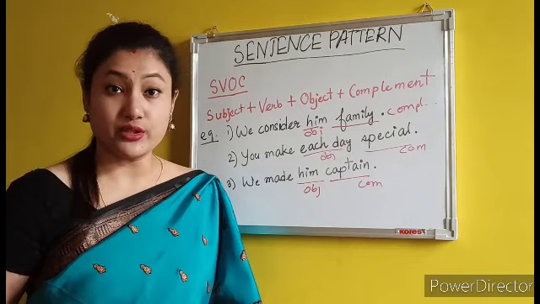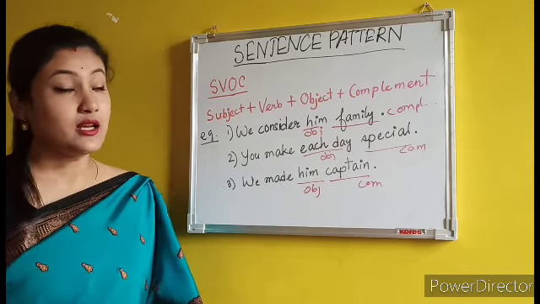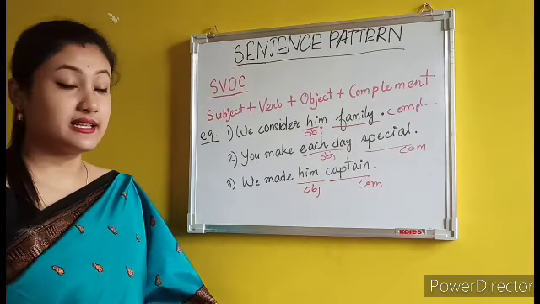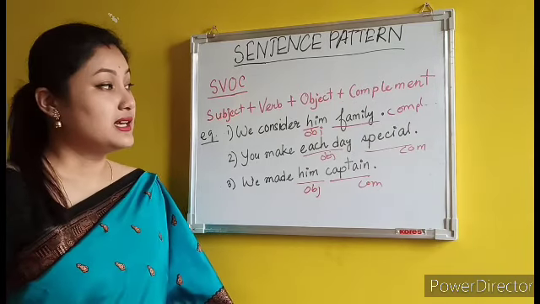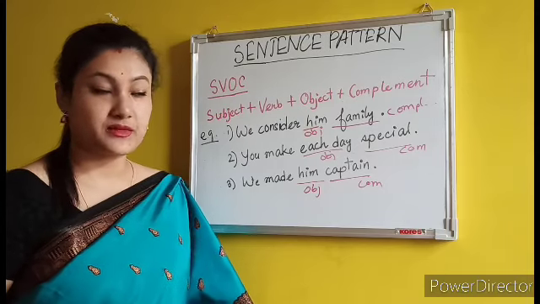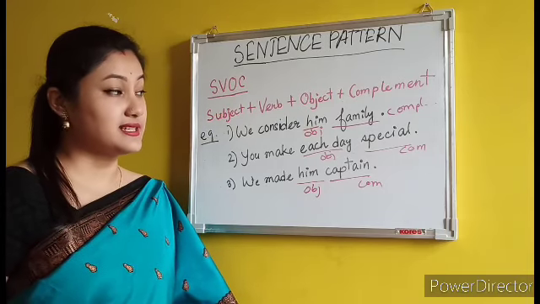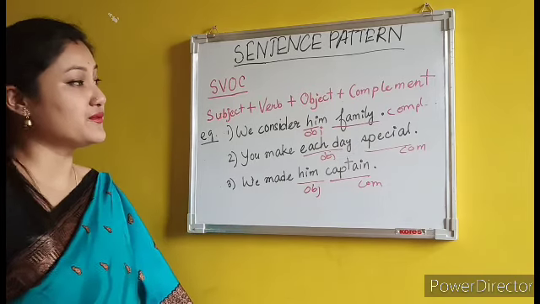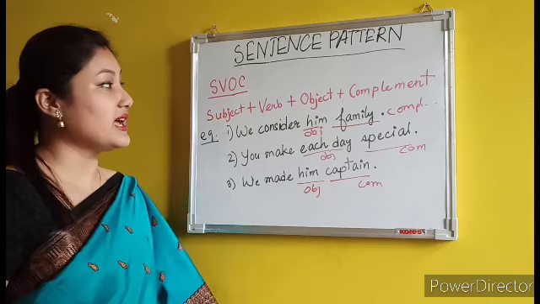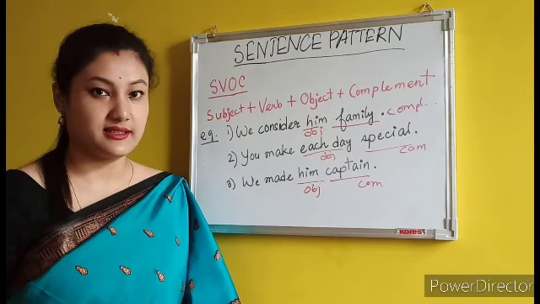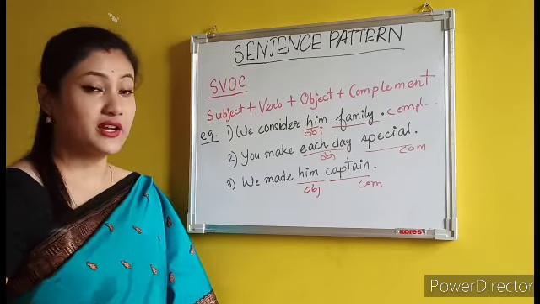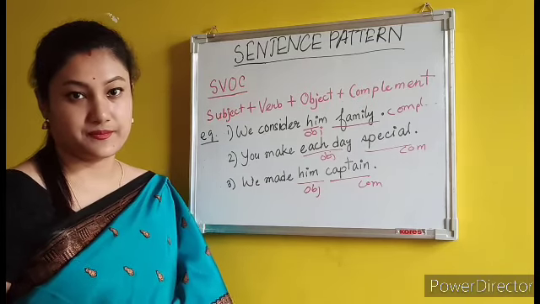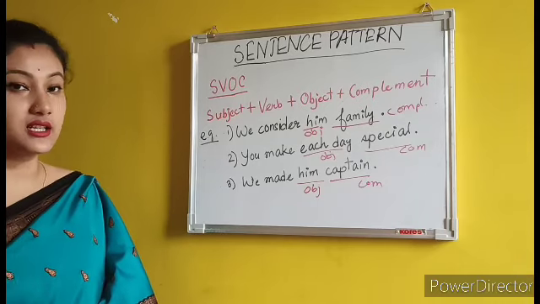So I have already told you that complements can be nouns or adjectives. In the first and third sentences, complements are nouns, and in the second sentence, the complement is an adjective. So this type of sentence falls under the SVOC sentence pattern. I hope all of you have a clear idea about SVOC: subject, verb, object, complement.